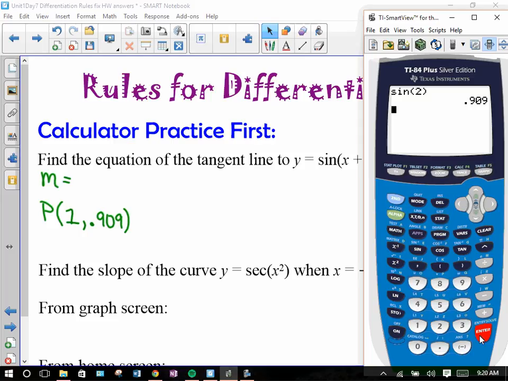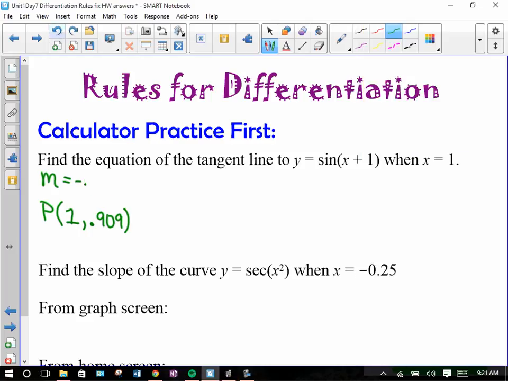One quick way to find the derivative is to go Math, 8. We're finding it with respect to x, the sine of x plus 1, at x equals 1. Enter. So our slope is negative 0.416.